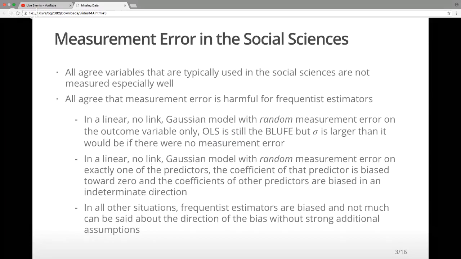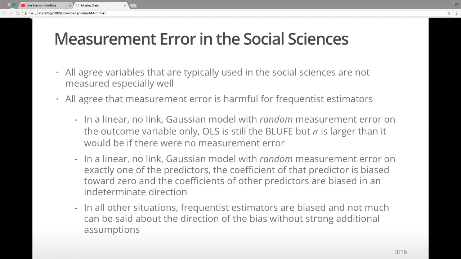So before we get into missing data, which is actually the subject on the syllabus for this week, I want to talk about measurement error in the social sciences, which is sort of related. Measurement error is a weird phenomenon with the way social science works, particularly in academic settings.